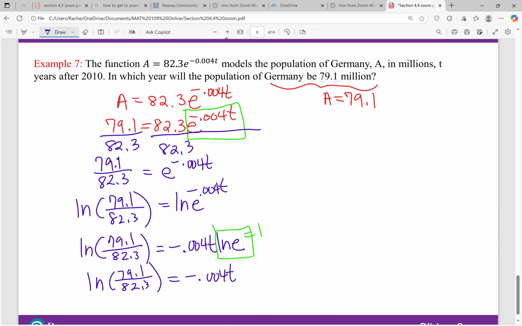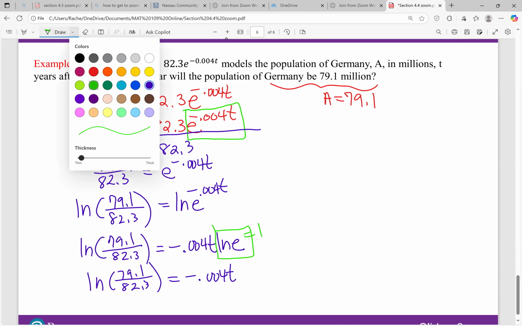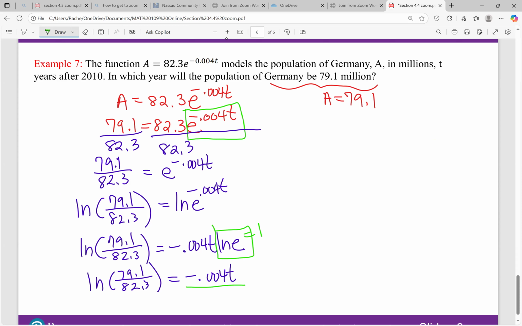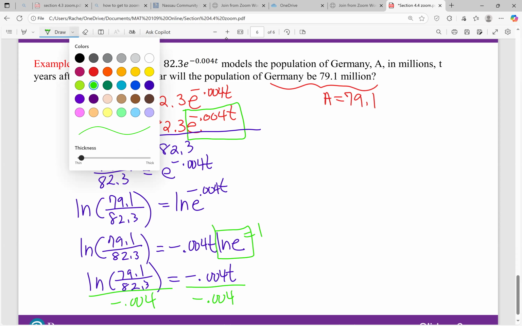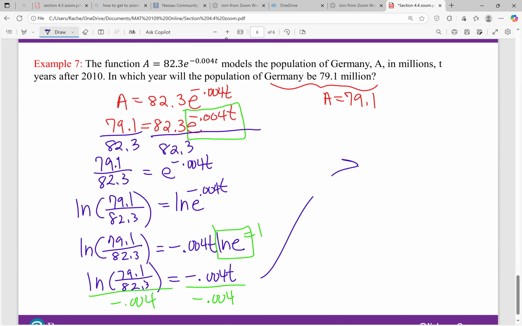And now we want to solve for t, right? We want to get t by itself. So I'm going to divide by negative 0.004 on both sides. So t is equal to the natural log of 79.1 divided by 82.3 divided by negative 0.004.